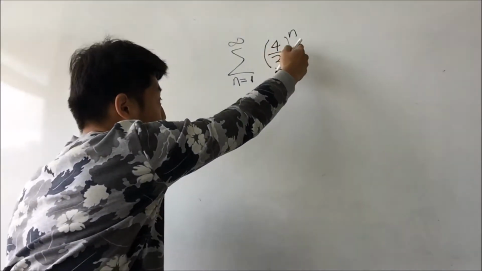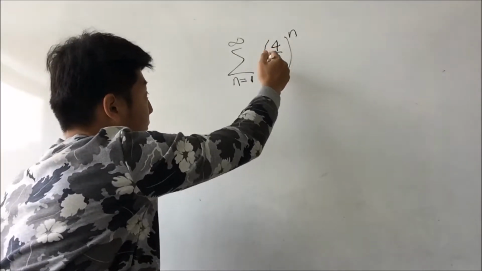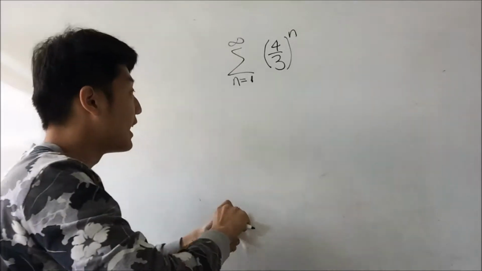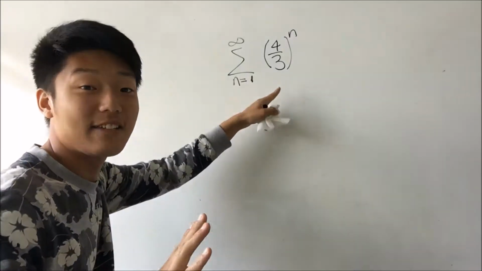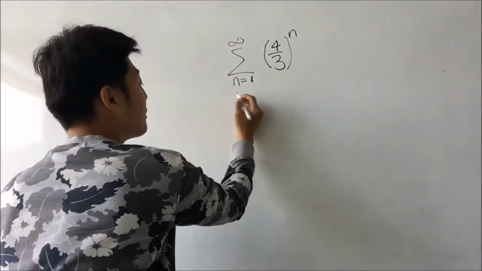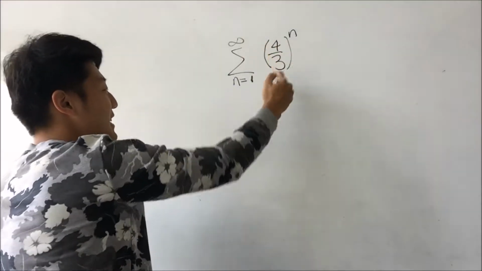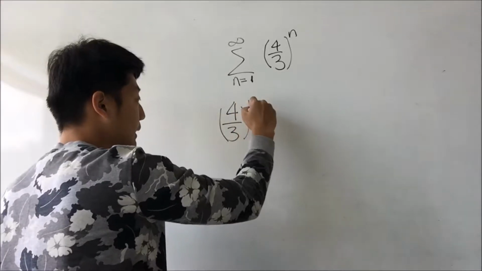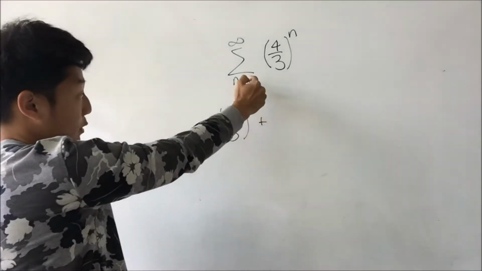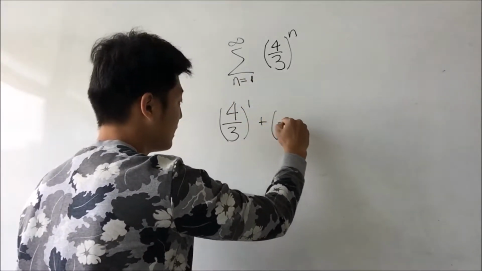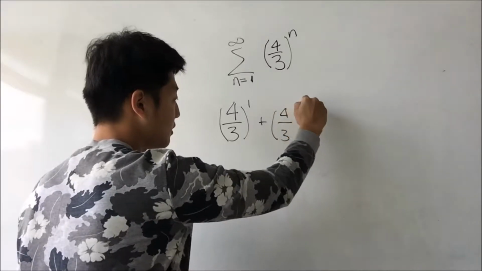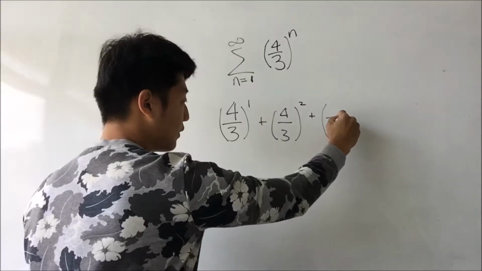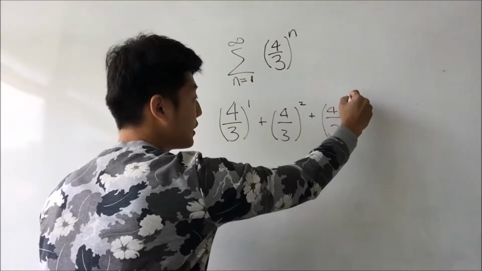First of all, for this I made a mistake, so I'll just show you. Sorry about that. It'll be 4 over 3 for 1, plus, because we start with 1, now it's 2, plus 4 over 3.